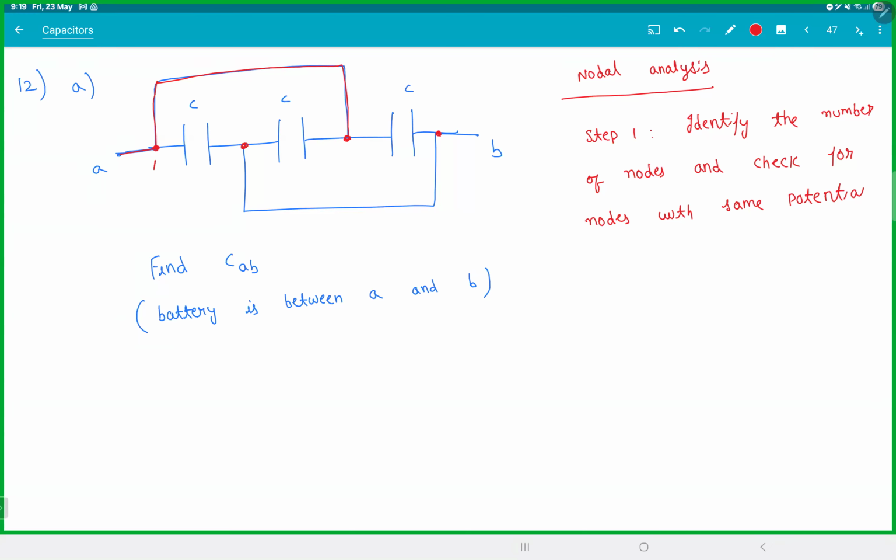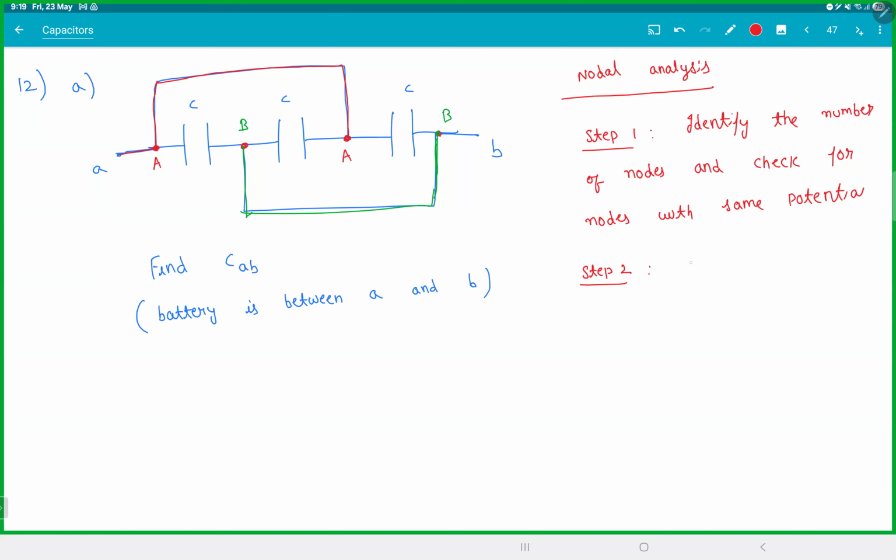So if I call this point A, then this point also must be A. Do you agree? That's what a wire does. If I call this point B, then this entire wire must also be B. So even though for namesake there are 4 nodes, there are only actually 2 different nodes.